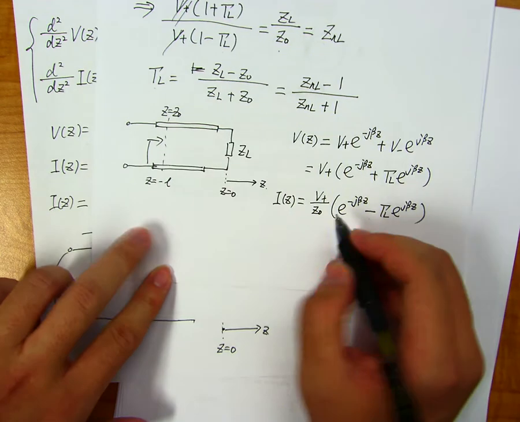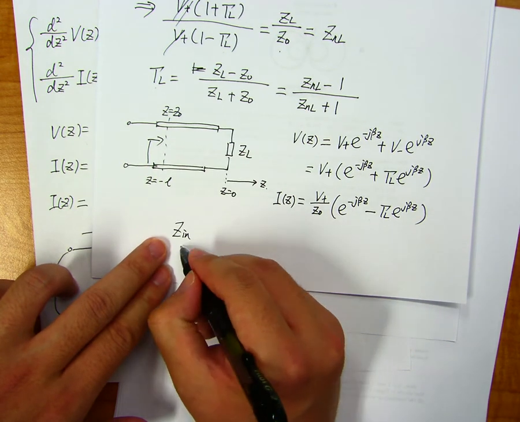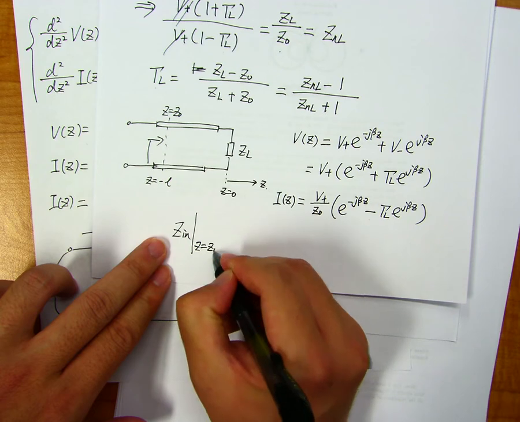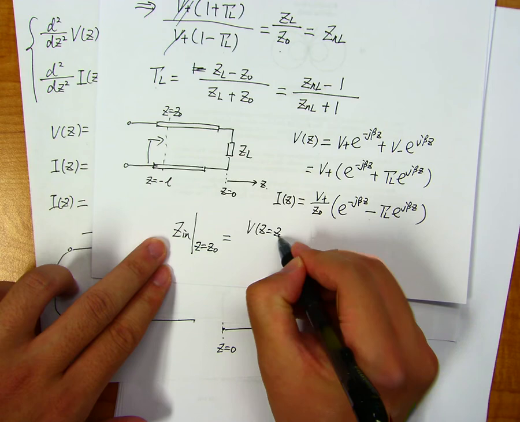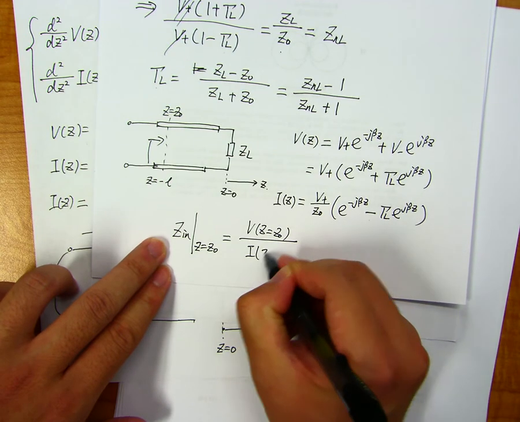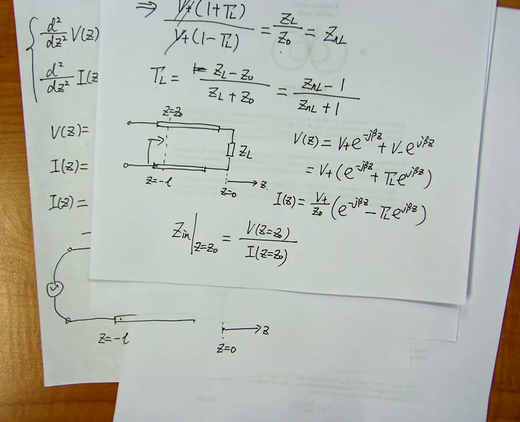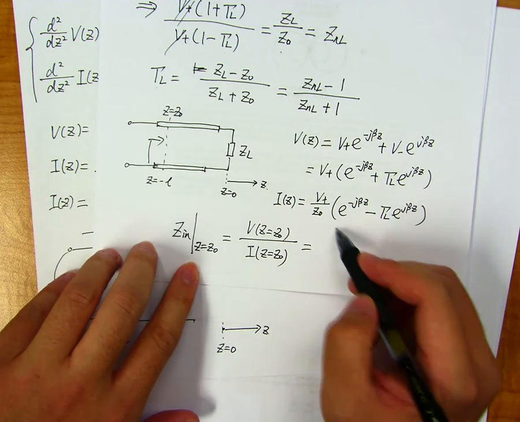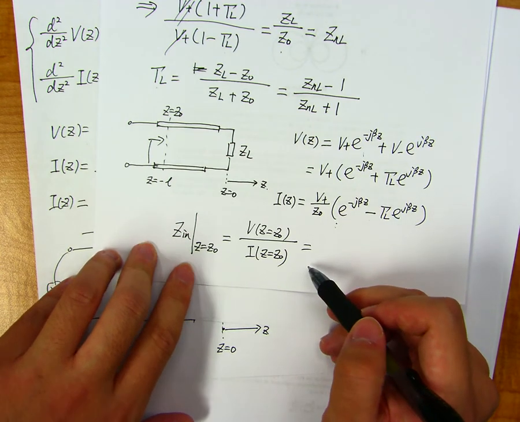We just have, let's say, Z in at z equals z naught is equal to V at z equals z naught divided by I at z equals z naught, right? So this is just the input impedance if I look to the right into this transmission line. Okay? And we can just plug these two expressions into this impedance.